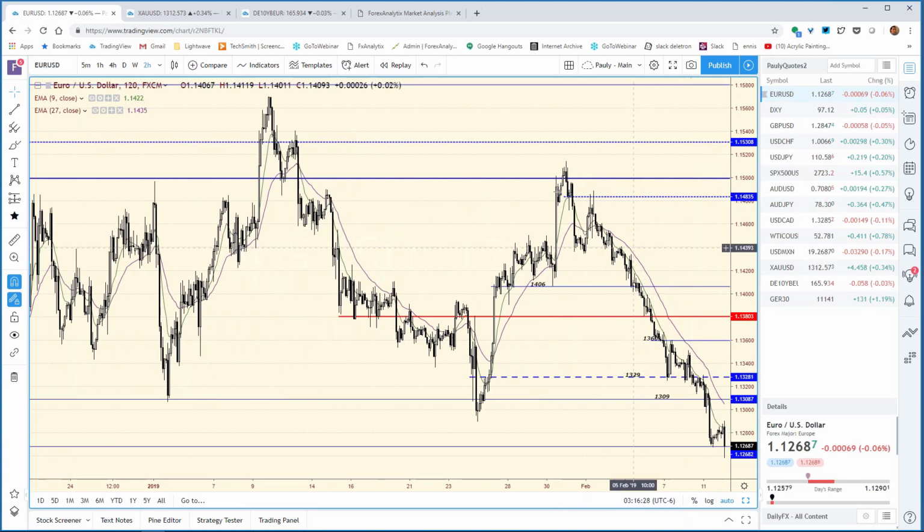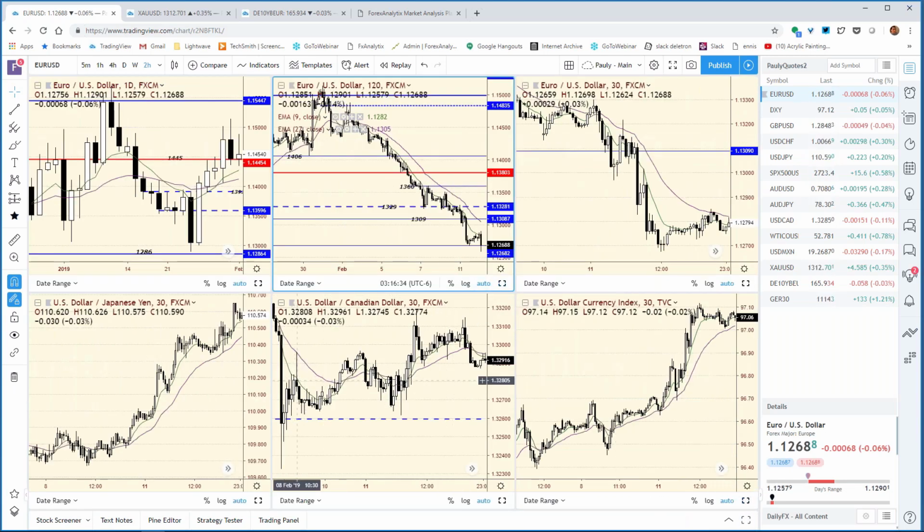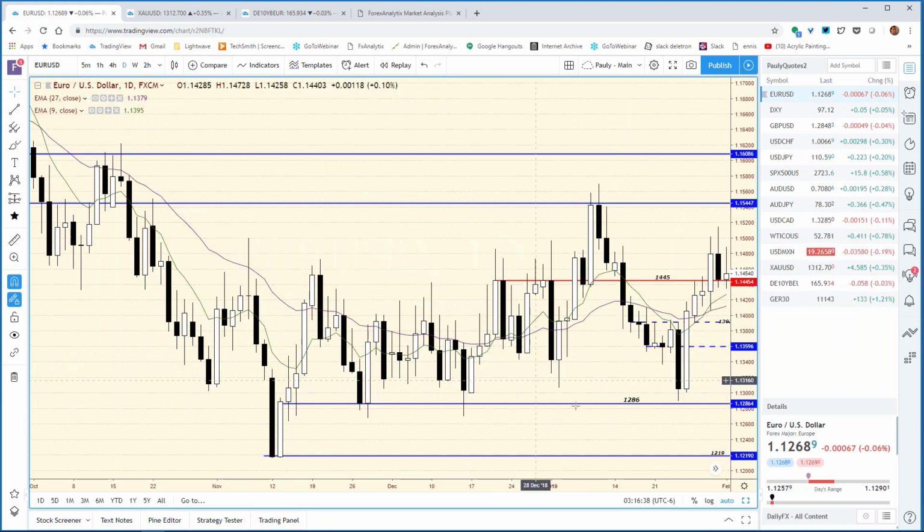So until we get there, we'll call that our support. But from a daily point of view, everything points towards, as we mentioned, 12.19. But there's some support at 12.34.